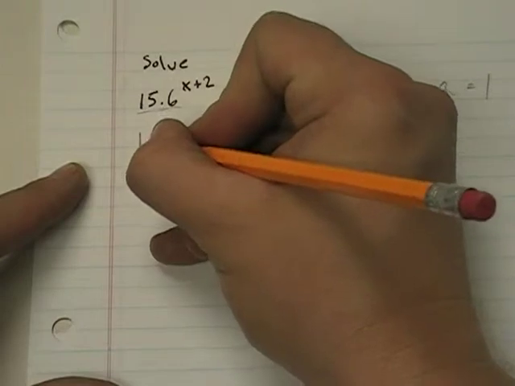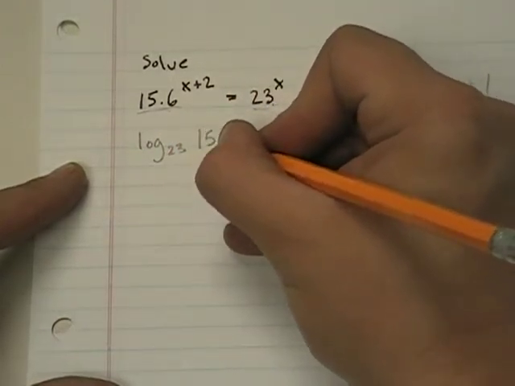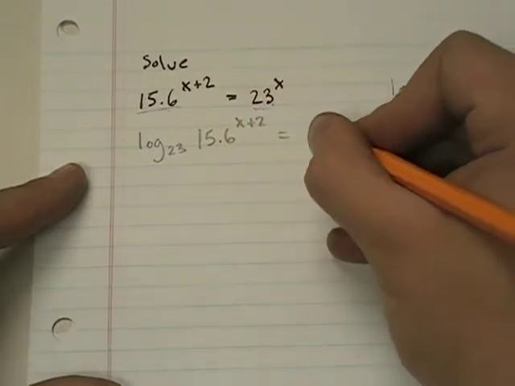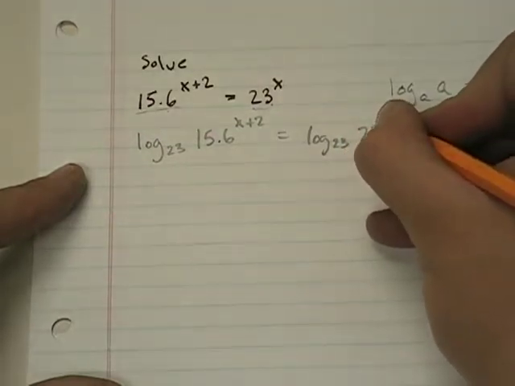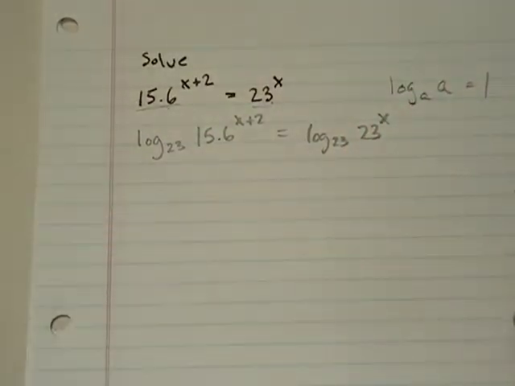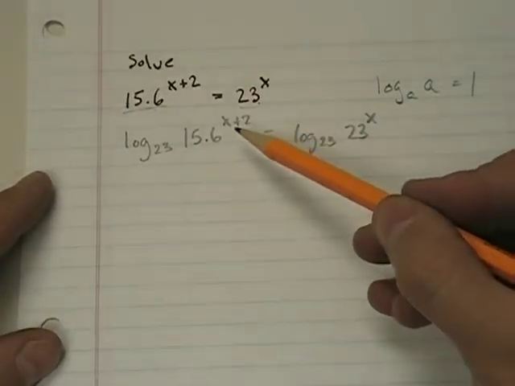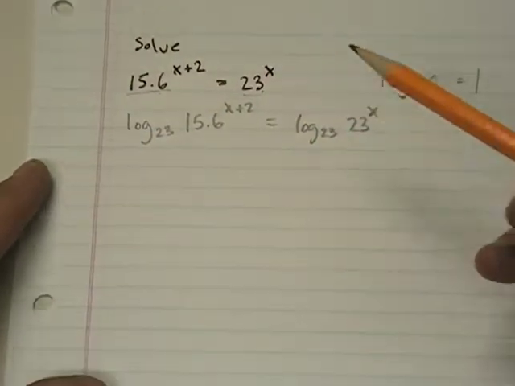So I get log 23 of 15.6 to the x plus 2 equals log 23 of 23 to the x. Now, given this information, I have another property, which means I can take these exponents and bring them out front.